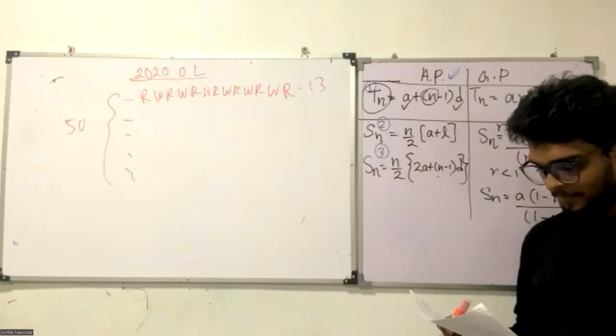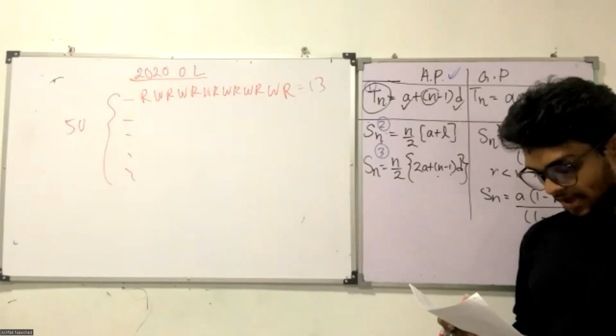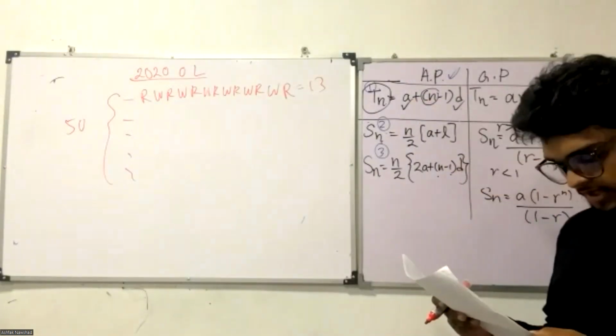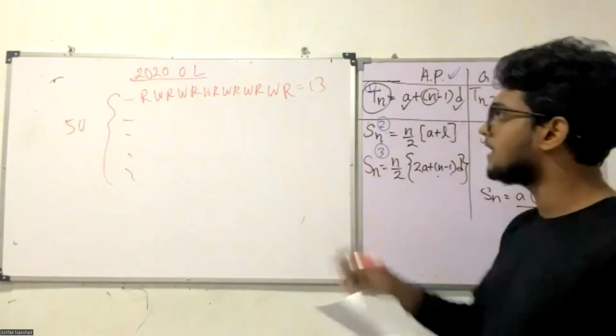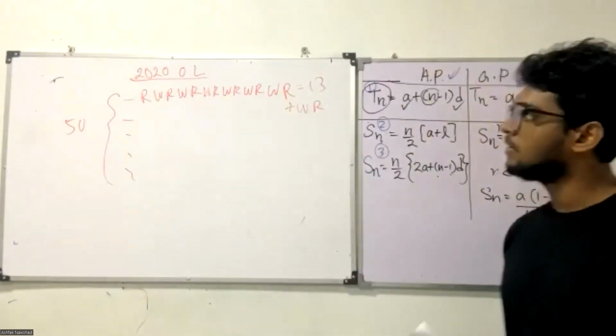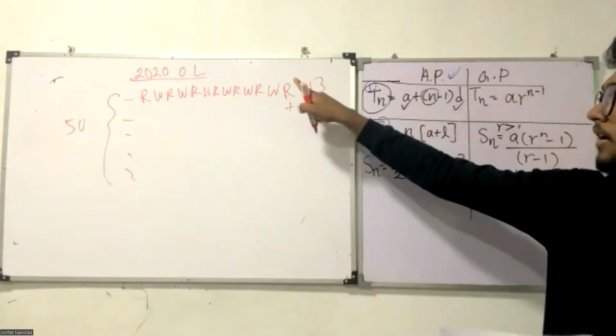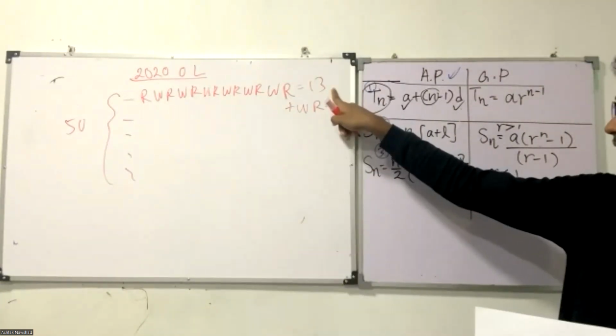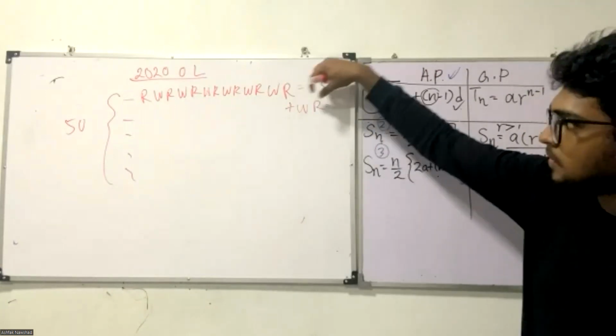And then they say, each row thereafter has one red flowering shrub and one white flowering shrub extra. So let me know how many flowering shrubs are there in the second row. In the first, there are 13. In the second, they add one white and one red.